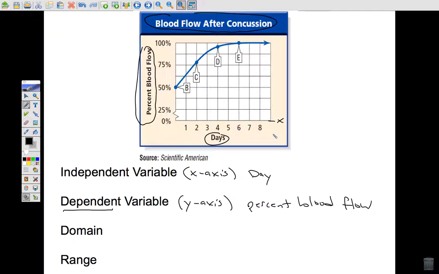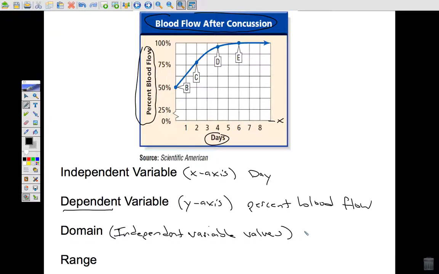So if that's not confusing enough, we gotta take it one more step, okay? Because we like to use fancy words. So we're gonna use the word domain and range. So when I say to you, what's the domain? What I'm referring to, domain, is basically referring to the independent variable values.